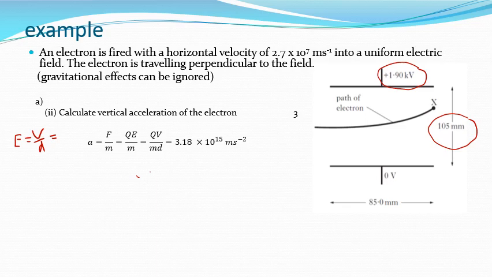And then once I have my electric field strength, I can work out my force, which is Q times E. And then I can divide that by the mass. So you don't have to do all of the steps of the calculation at the same time that is shown here.